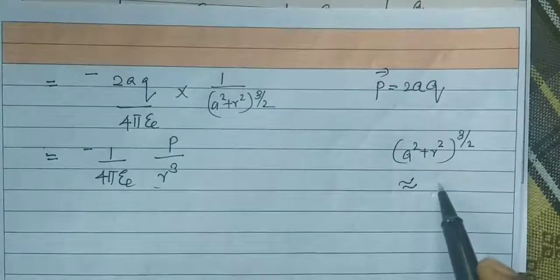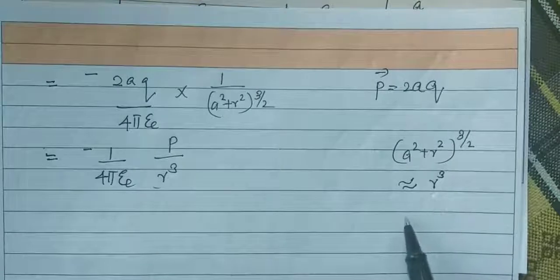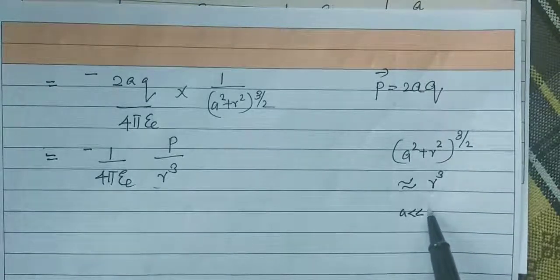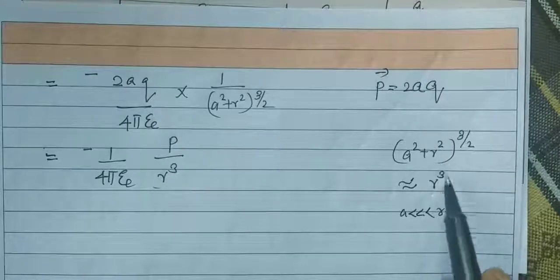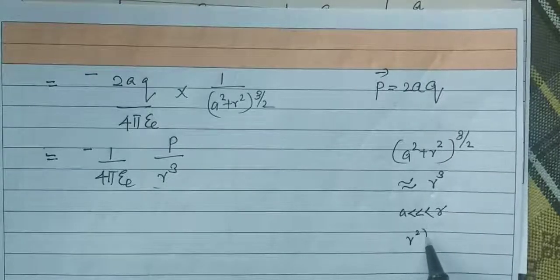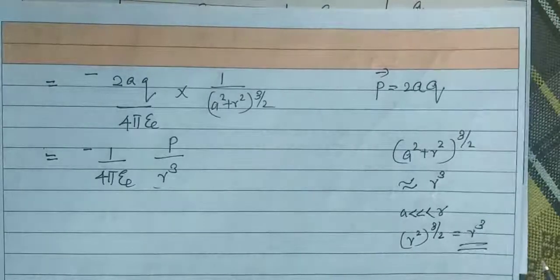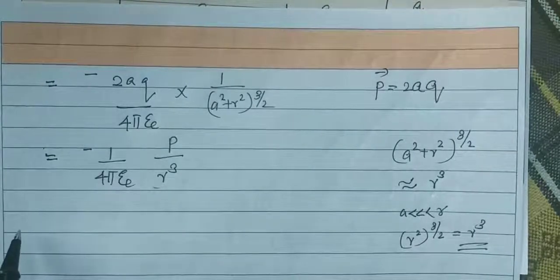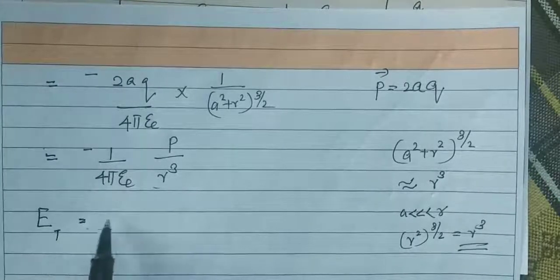A square plus r square, all raised to 3 by 2, we can write approximately as r cube, because a is the dipole distance. I already told you a is an extremely small distance compared with r, the reference point. So you can neglect a. So r square all raised to 3 by 2 is r cube. No need to write a.